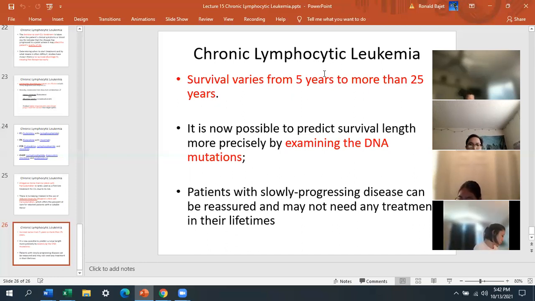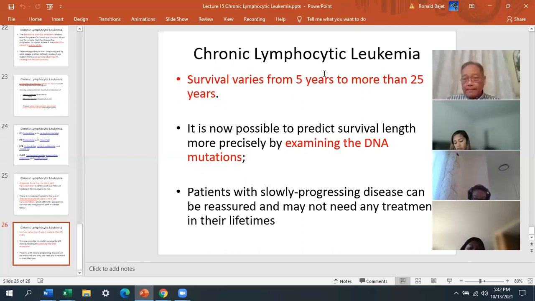Neoplastic, so it's new. Remember, plastic from plasia, production. So neoplasms generally are not good. It's starting to become a cancer cell. Okay, thank you. You're welcome. Anybody else? Okay.